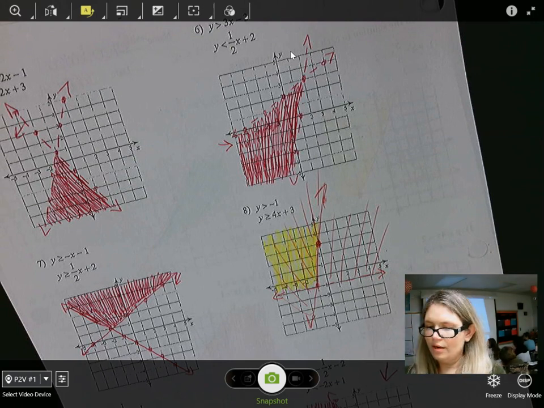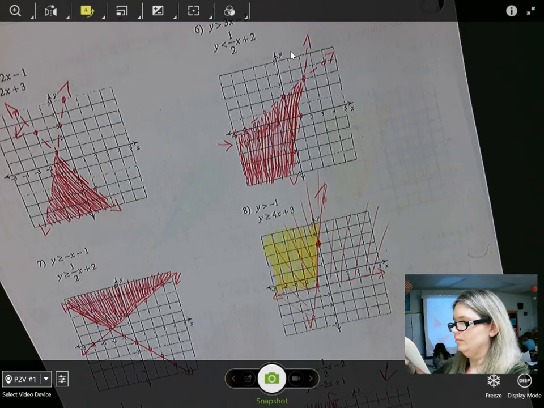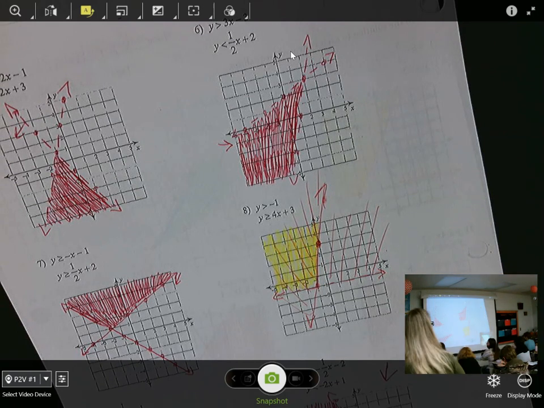Oh, that's because I put that in the wrong one. Here's today's. All right, so here's today's assignment.